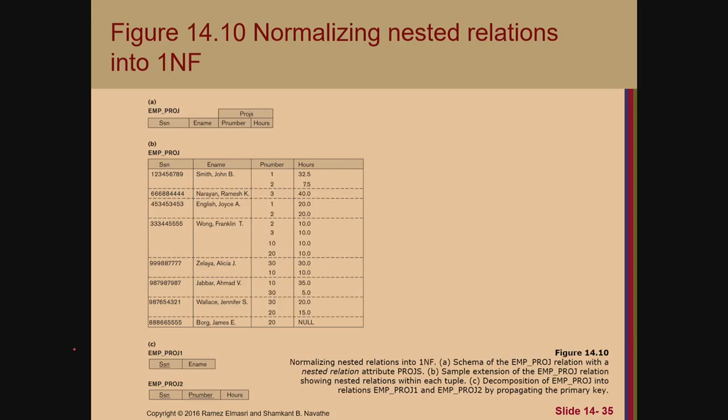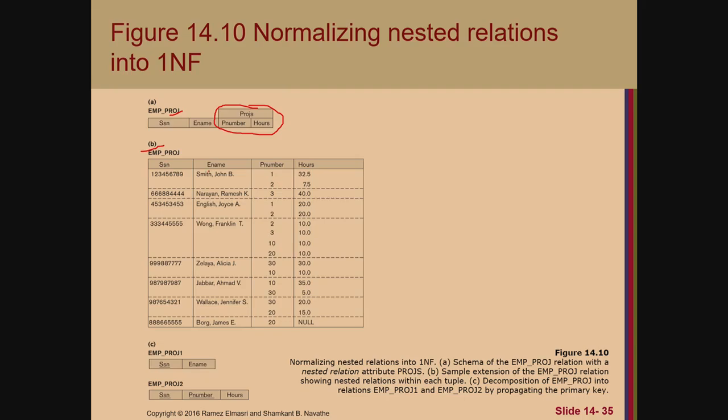The other one here we have is M project. The schema M project is a relation with a nested relation. The project here is a nested relation. And B is the example state of the data in M project.